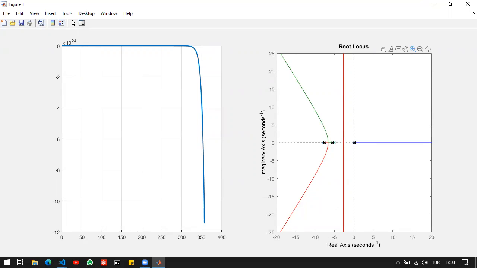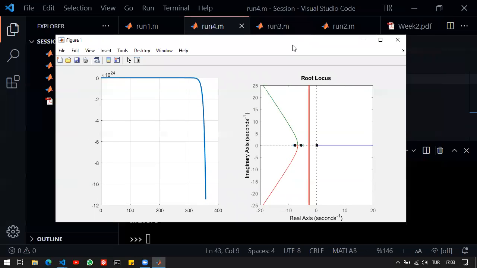So basically, the settling time value that I've chosen here, 1.5, cannot be achieved using this p-type controller because the first condition is to be on the root locus. If the point that I'm trying to choose is not on the root locus, how can I come up with a p-type controller that satisfies that point? It should be first on the root locus.